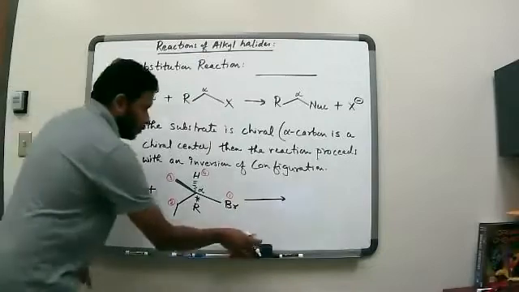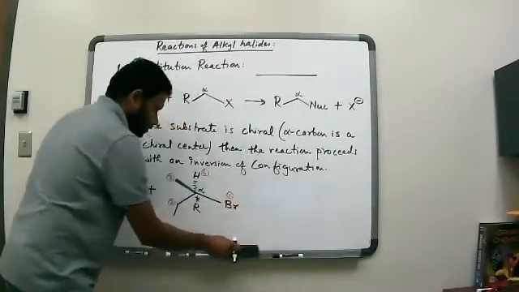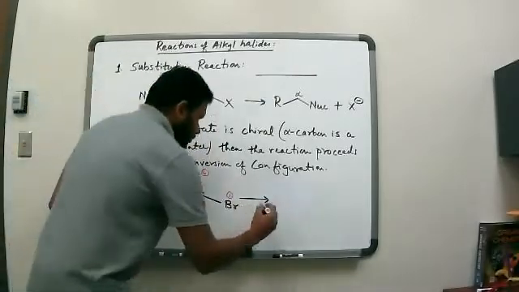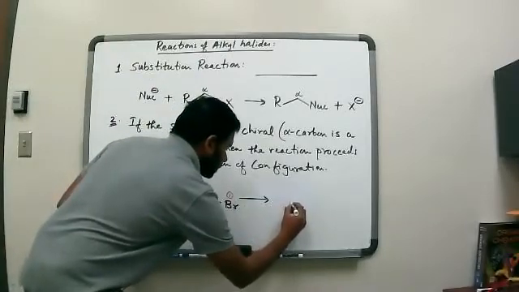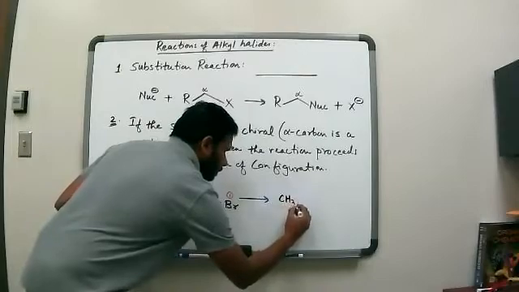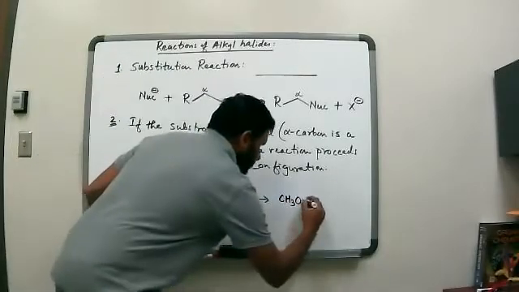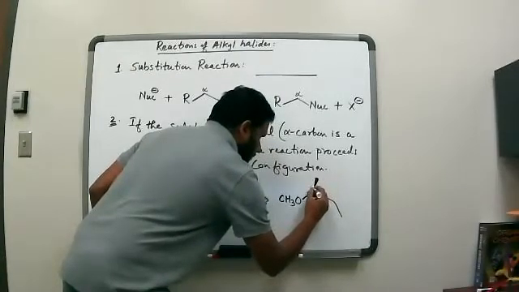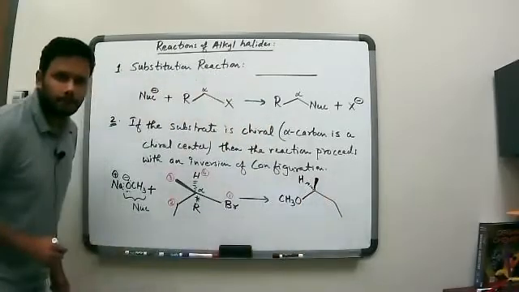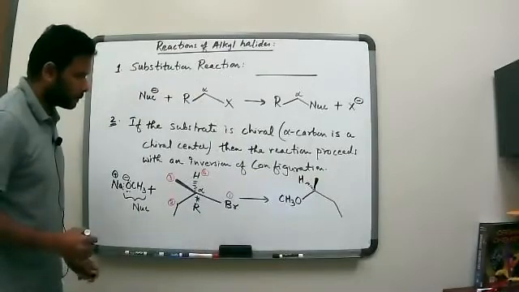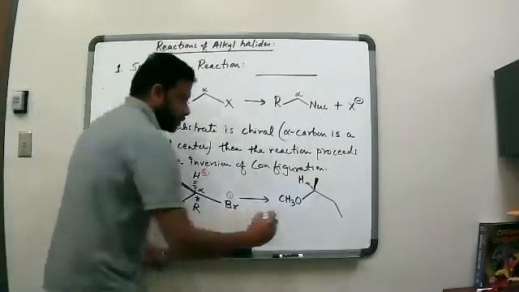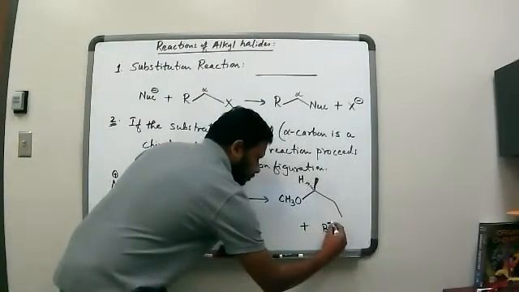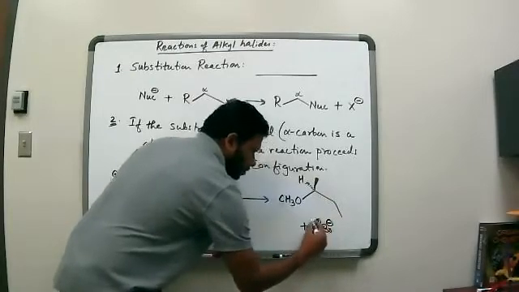What this statement means is, when we do this reaction, we're going to make this molecule as a product, plus we'll have Br minus, and the sodium is going to balance the charge.